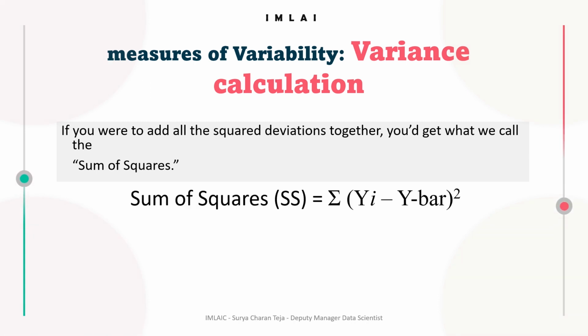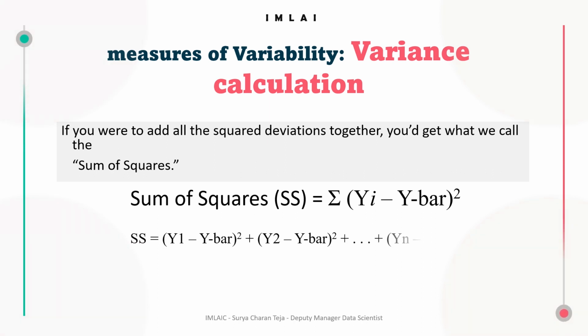So the sum of squares is nothing but sigma of yi minus y bar, all squared. In formula terms: y1 minus y bar all squared, plus y2 minus y bar all squared, and so on, up to yn minus y bar all squared.